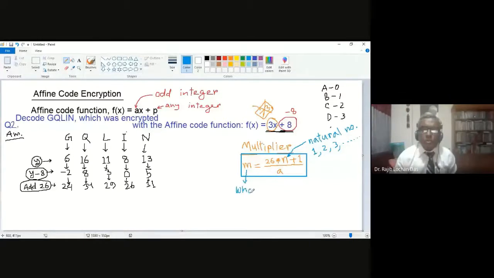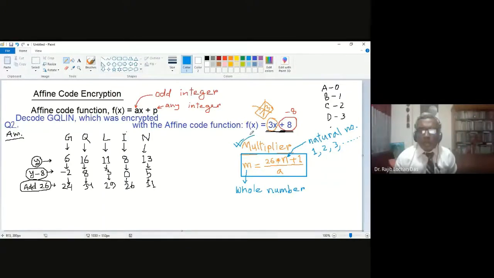This is a condition. So let me tell you again. After that line, after adding 26, we will have some numbers, and then now we will find out a multiplier number.